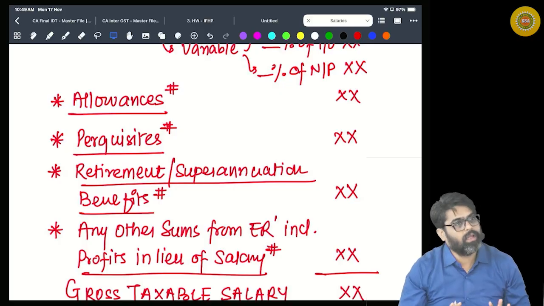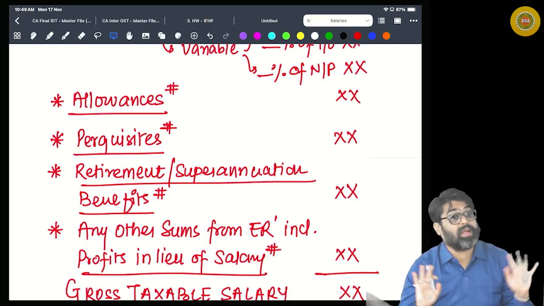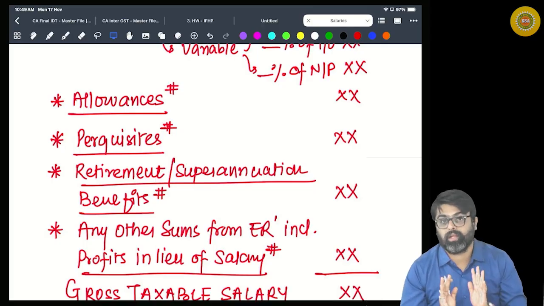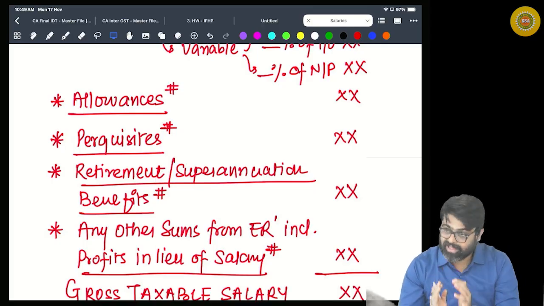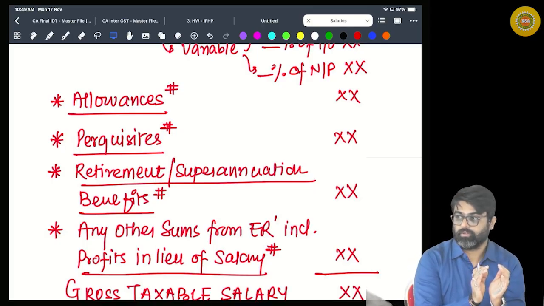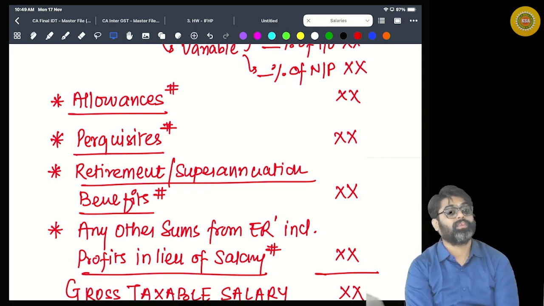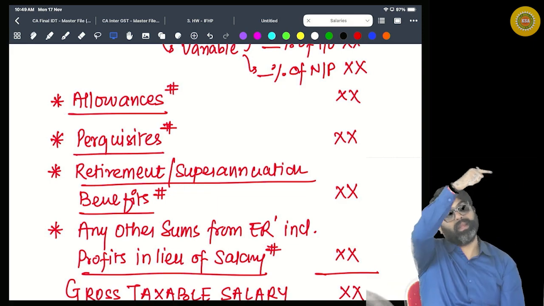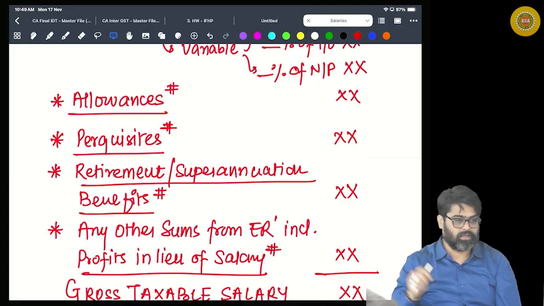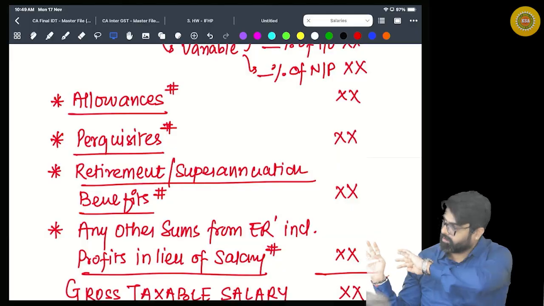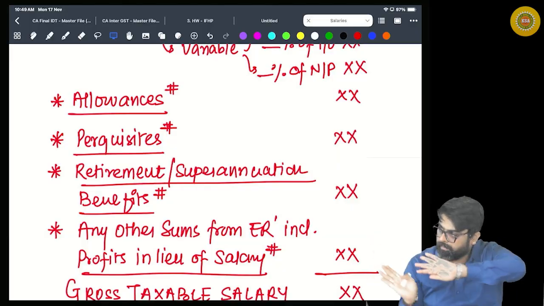See, usually all the allowances are taxable. But there are some allowances which are exempted by section number 10. Will you bring those allowances in the calculation here, or will you ignore them? From the calculation, reduce those allowances, eliminate those allowances.